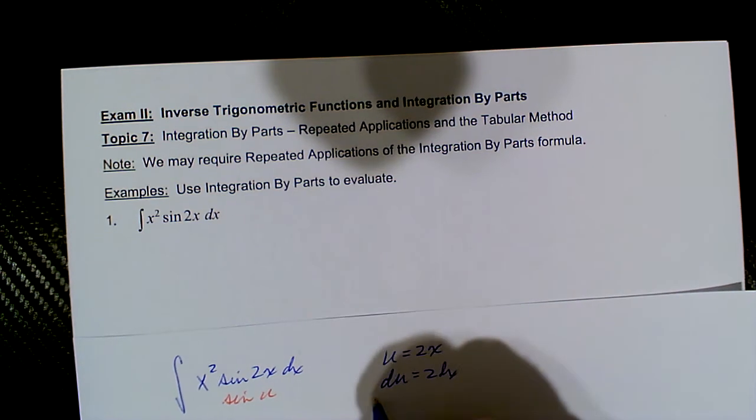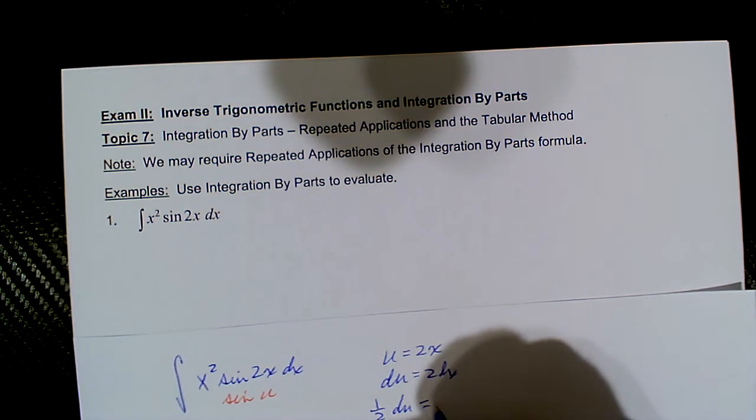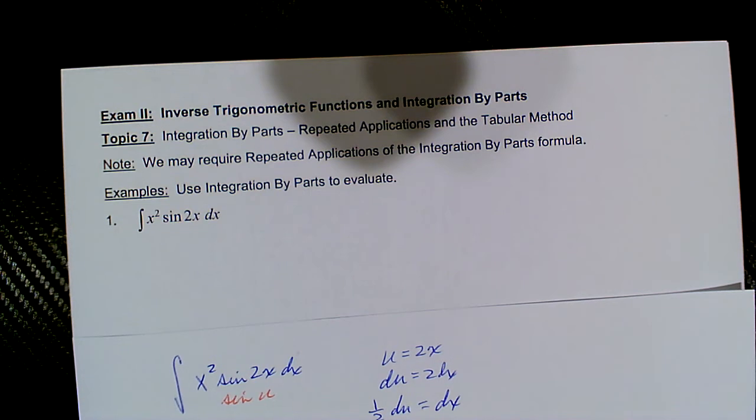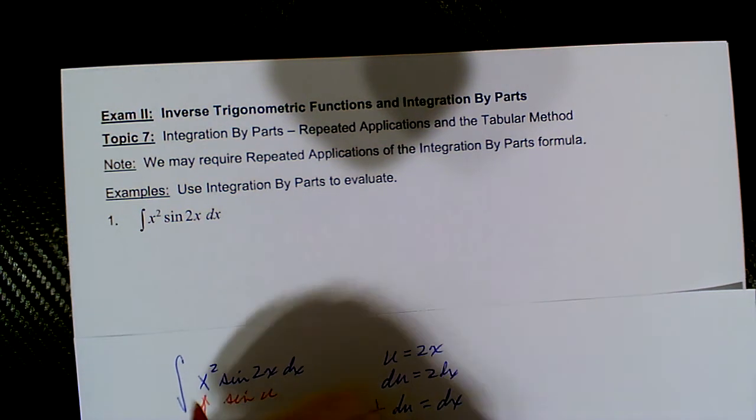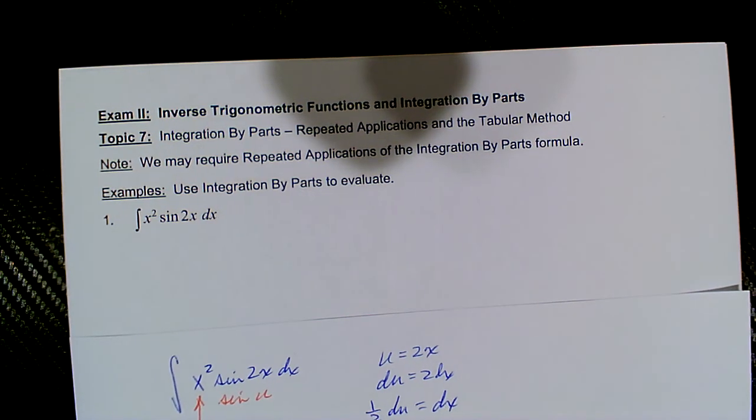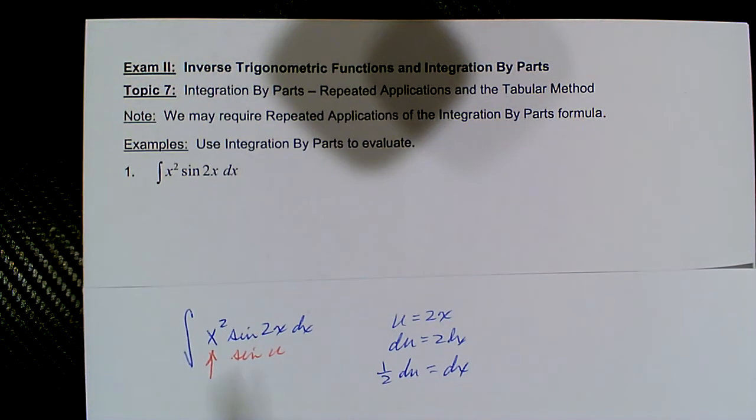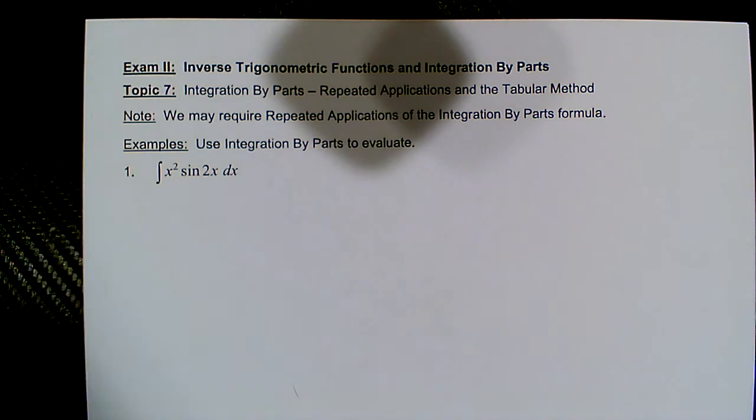We can modify by the 2. Problem is we have this extra x squared. So therefore we need to use integration by parts because it's a product of two basic functions that does not fit a basic integration formula.